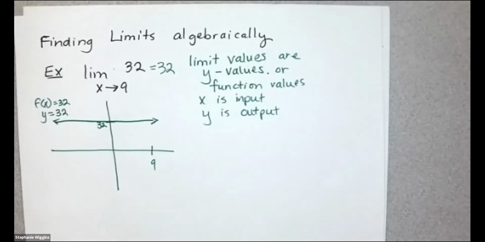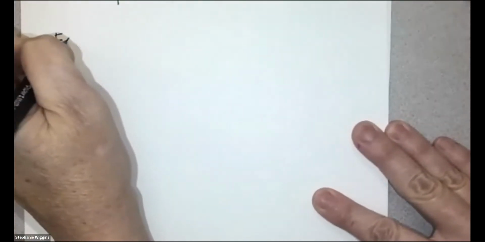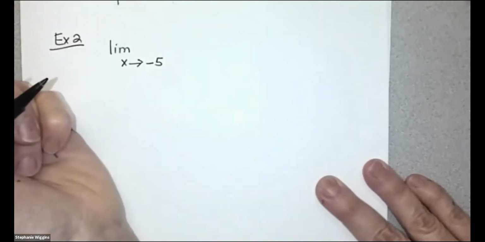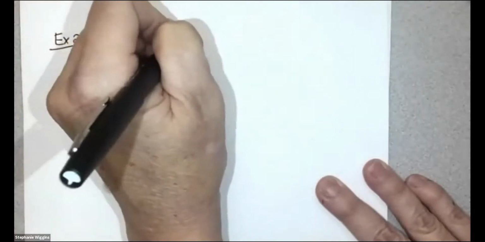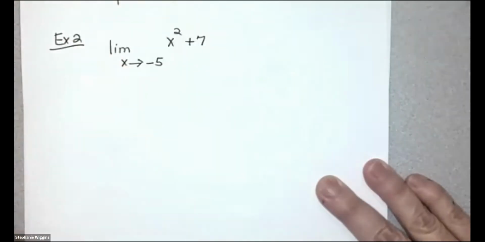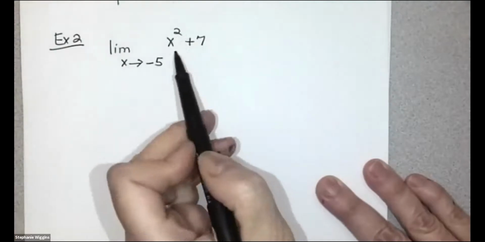Okay, example 2. We have x approaching -5 and x squared plus 7 is our function. Here's our function.